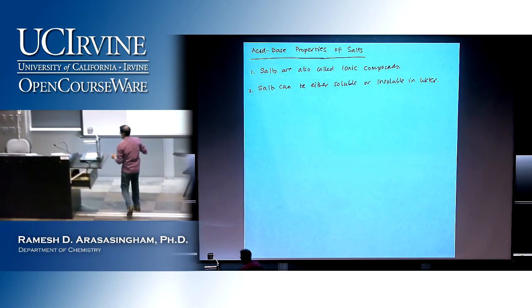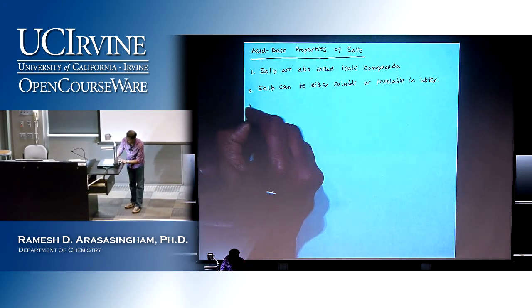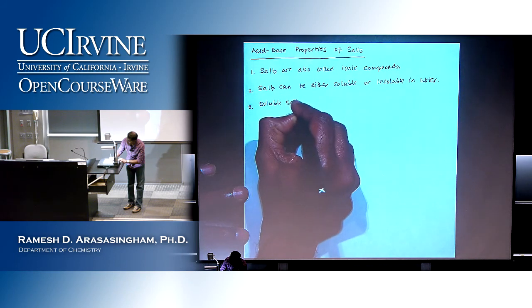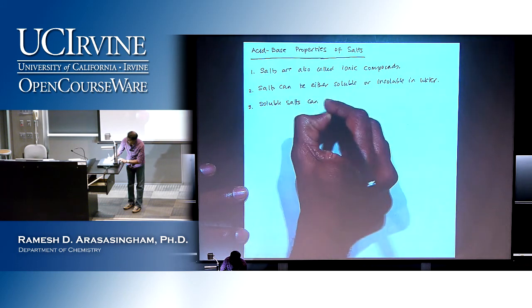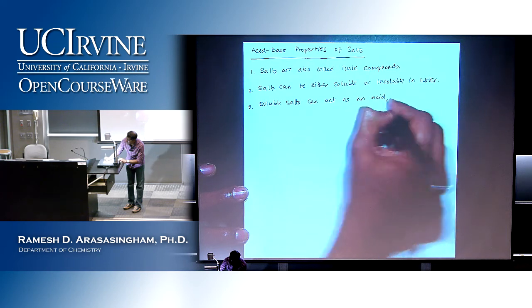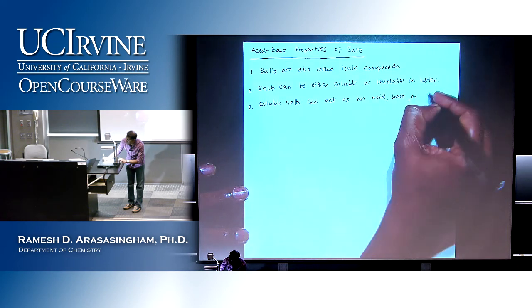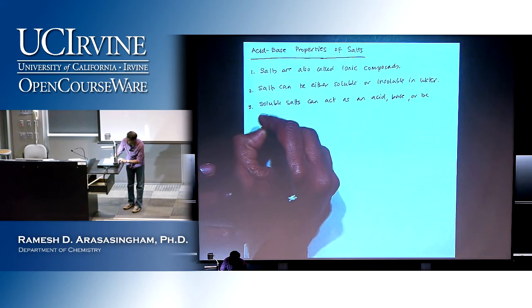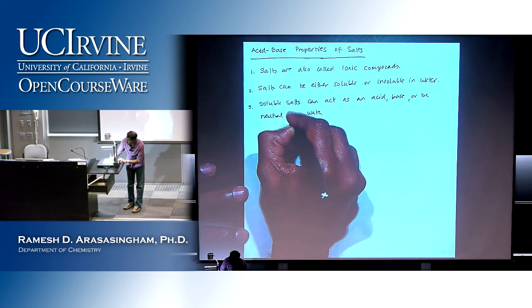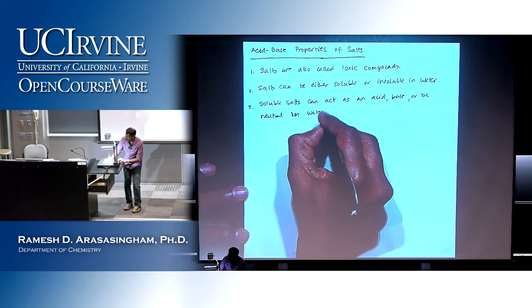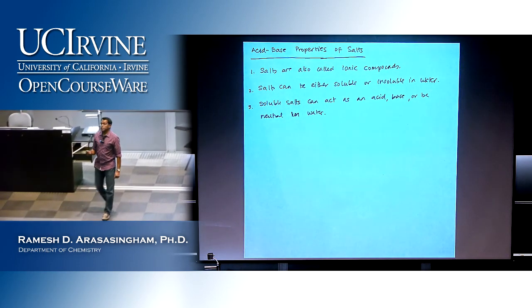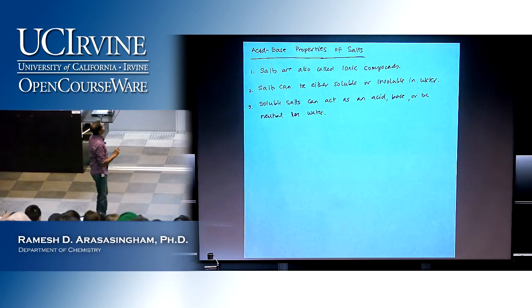So if we take soluble salts, they can act as an acid, base, or be neutral in water. Depending on the salt, we're going to look at only the ones that dissolve in water.